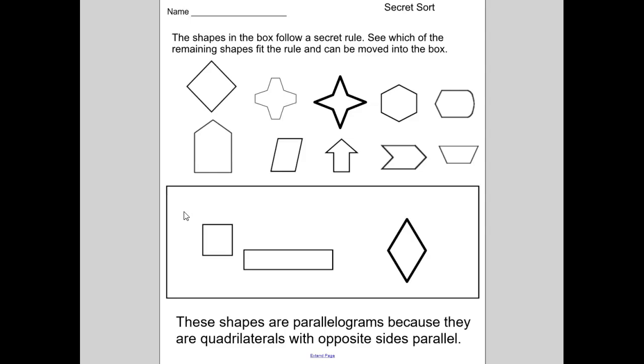I'm going to have you pause the video one more time. And when you pause the video, I need for you to determine all of the remaining shapes up here. Look at them very carefully and determine, are there any other remaining shapes that could go in this parallelogram box because they're also parallelograms? You are so right.